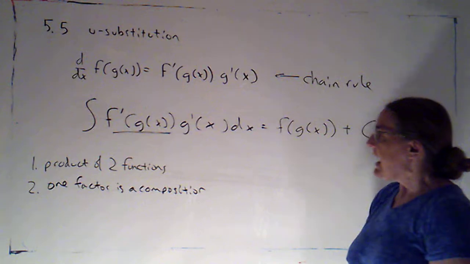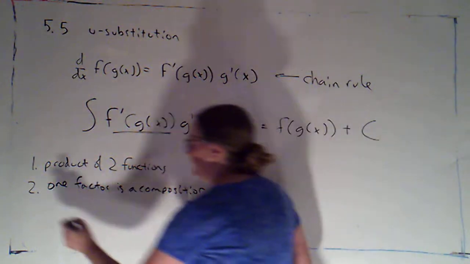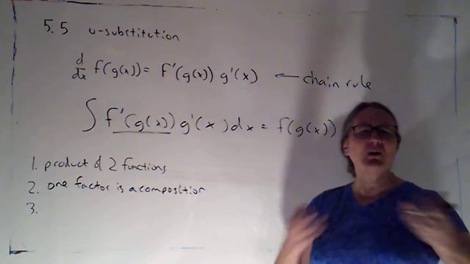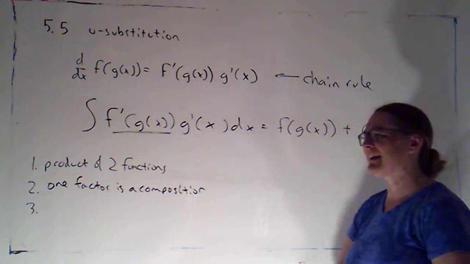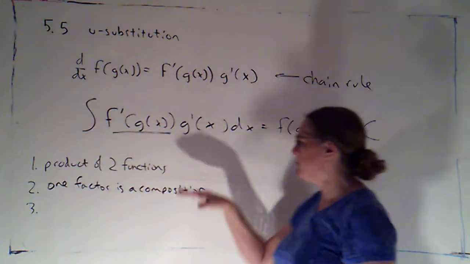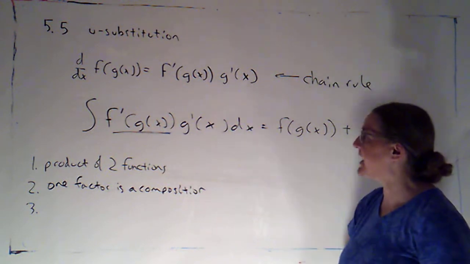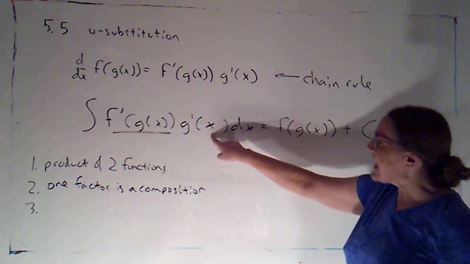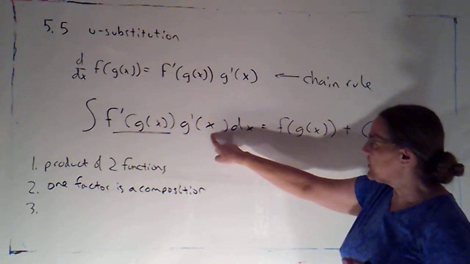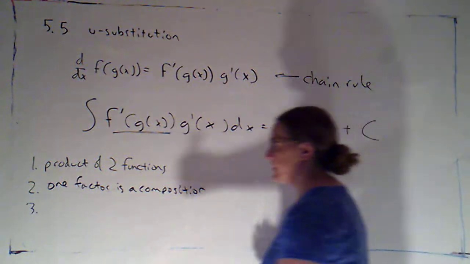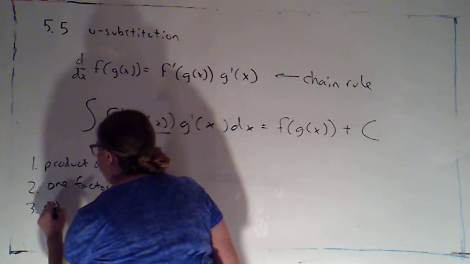And then the third thing I have is that the two factors aren't totally unrelated to each other. It's not like I just choose two random functions and multiply them together. We'll learn how to do that in 3b. But the second factor, this one here, is the derivative of the inside part.